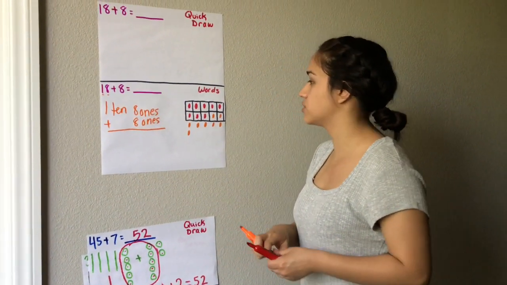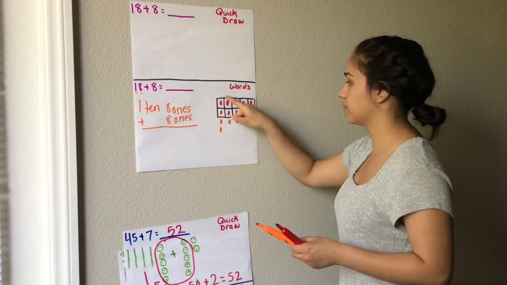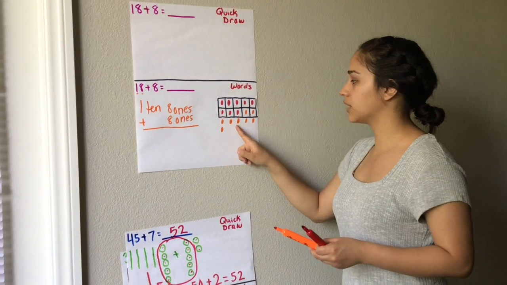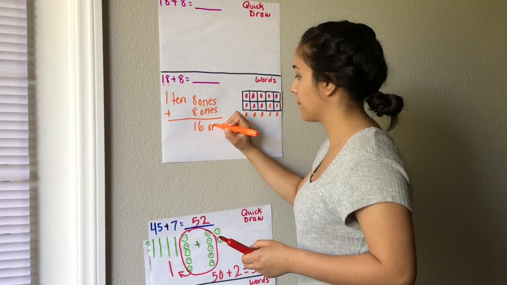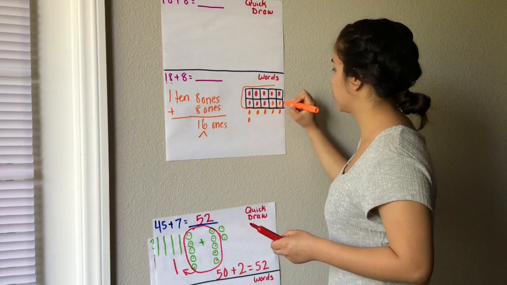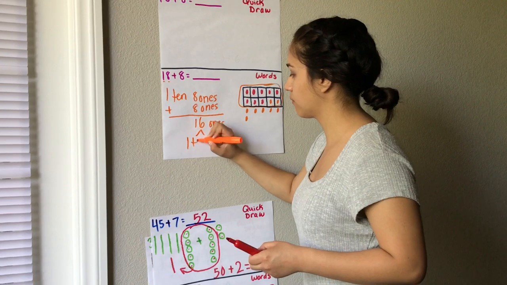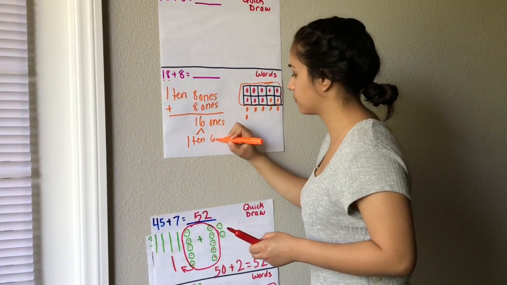So we are going to need to regroup. 8 plus 8 is 10, 11, 12, 13, 14, 15, 16. I have 16 ones, which is the same as one group of 10, and 1, 2, 3, 4, 5, 6 ones.